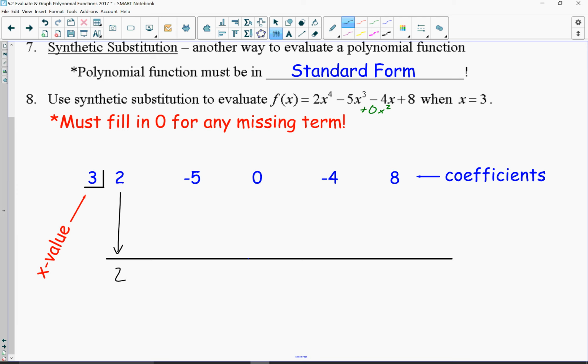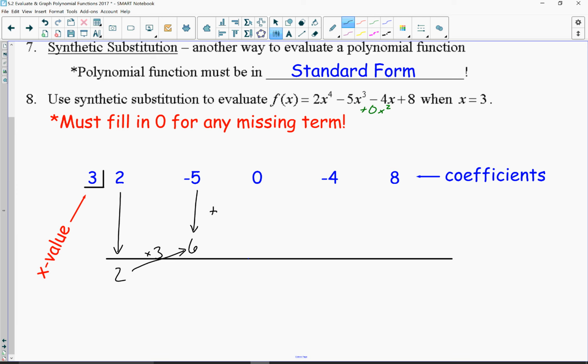So now, any number below the line, you're going to multiply by this x value you have in this little half box over here. So 2 times 3 is 6, and I write that underneath my next coefficient. So to go from there to there, I multiplied by 3. Then I add straight down.